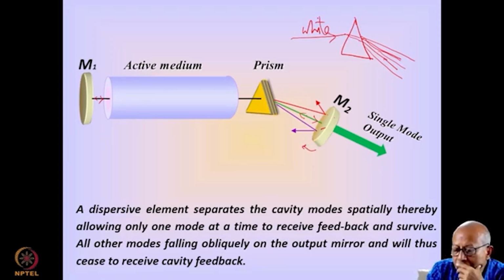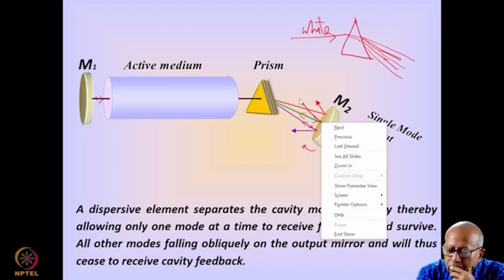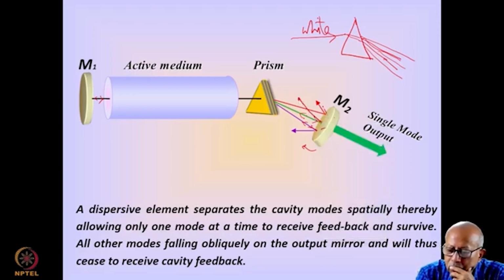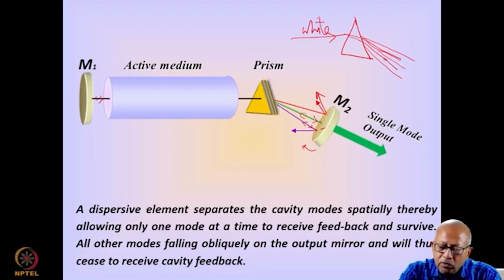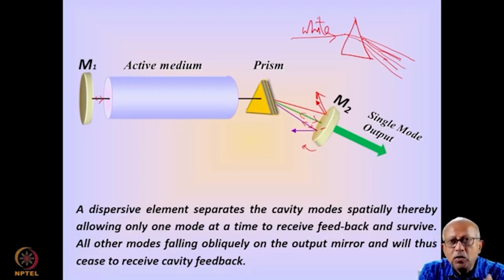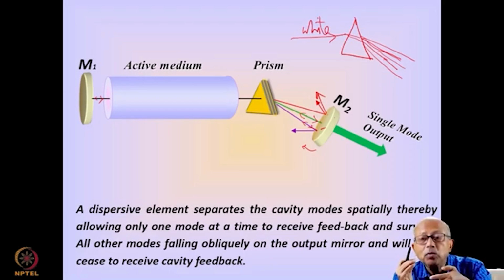If you tune it like this, then this mode will fall normally on this. So it will be reflected back, and this mode now will be reflected away, and so will be this. So by tuning this output mirror, you are actually choosing different wavelengths. That means you are able to tune your laser, monochromatic laser, and the monochromatic output you are able to tune.